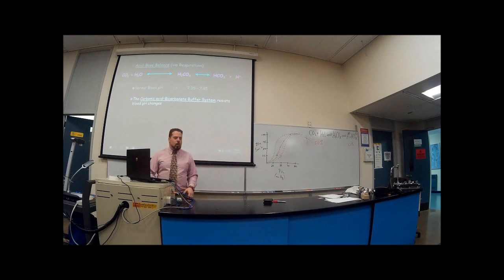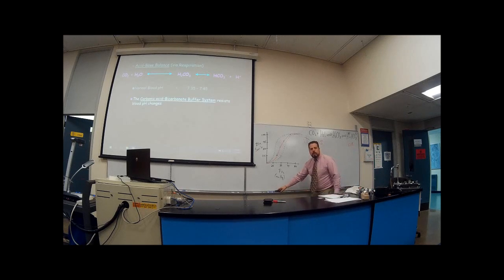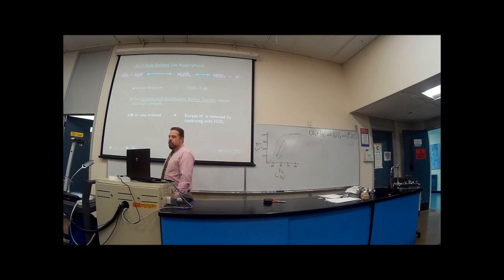So this is what we call a buffer system. If we put more hydrogens in here, it's going to get rid of them by blowing it off. If you're going to decrease it, it's going to make more. It's a buffer to keep it 50-50. That's what a buffer system is, so that the pH remains the same. Okay? So if you increase the hydrogen ions, you're going to have a lot more hydrogens in your bloodstream.